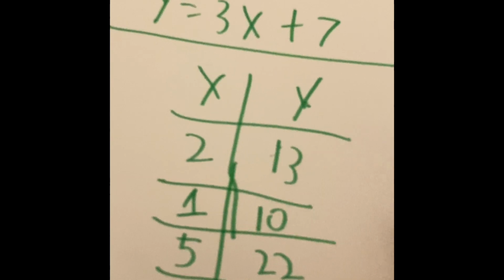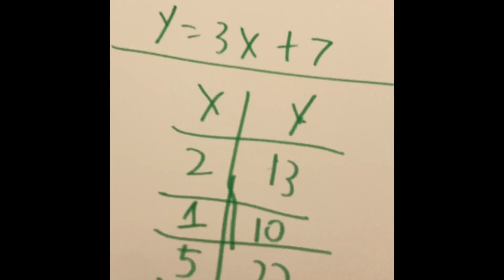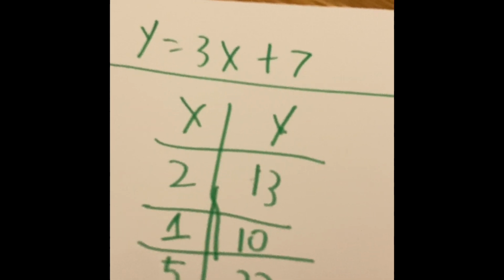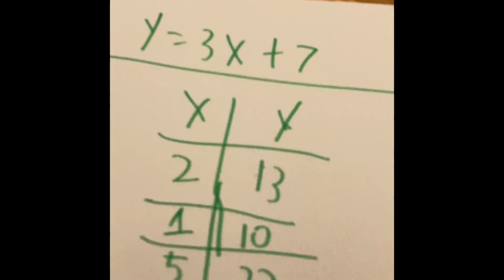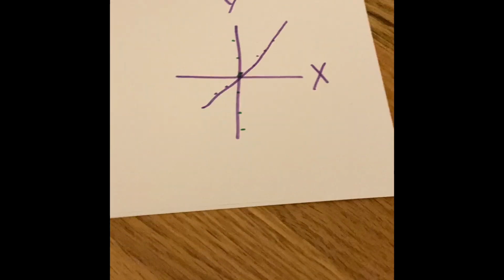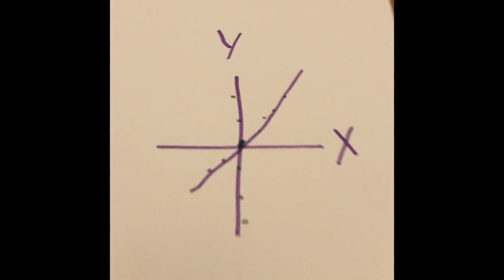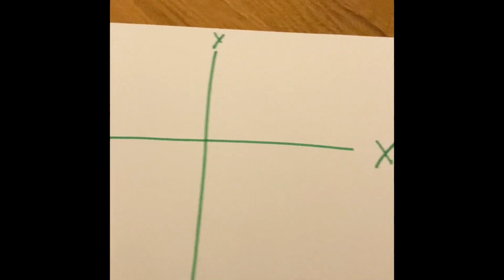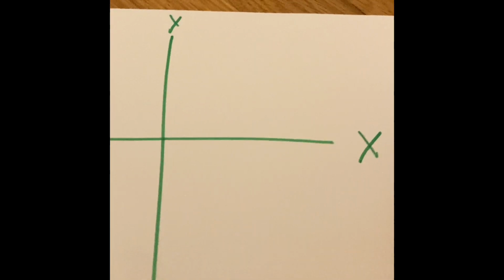So our last step of finding this slope on a graph is actually graphing on the graph. So let's put these on to the graph. But wait, how do we even graph? So we have an empty graph right here with y and x-axes.